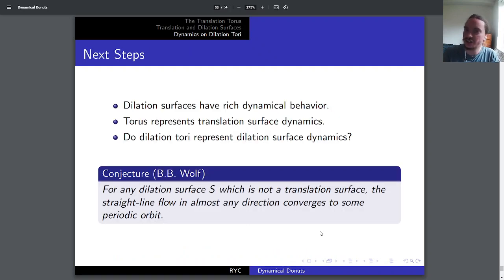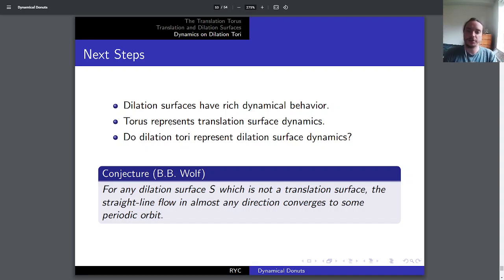And that's kind of scary, because if a dilation torus has such rich dynamical behavior, then who's to say that dilation surfaces don't have crazy exotic behavior that we could never possibly get a grasp on?